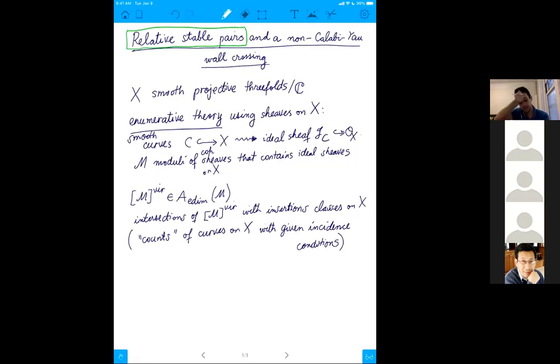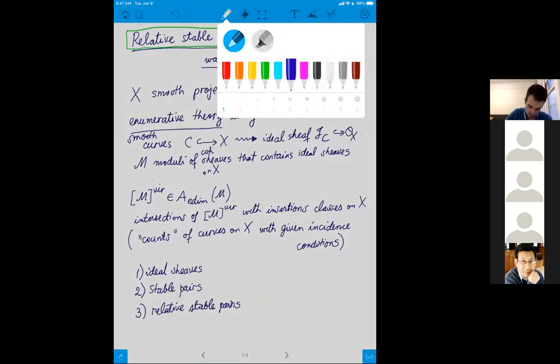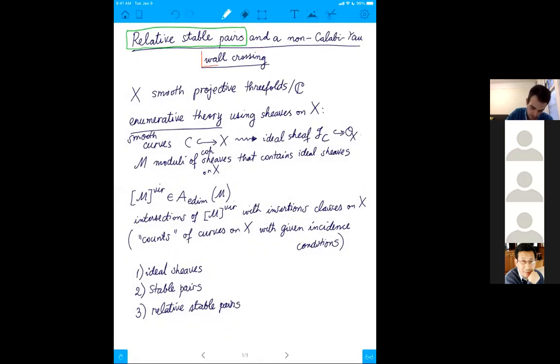So the plan will be to discuss three such examples in this talk. The first one is defined using ideal sheaves. The second one is defined using stable pairs. And the last one will be the one mentioned in the title, using relative stable pairs. Okay, and before starting to talk about ideal sheaves, there is another notion in the title, that of wall crossing.